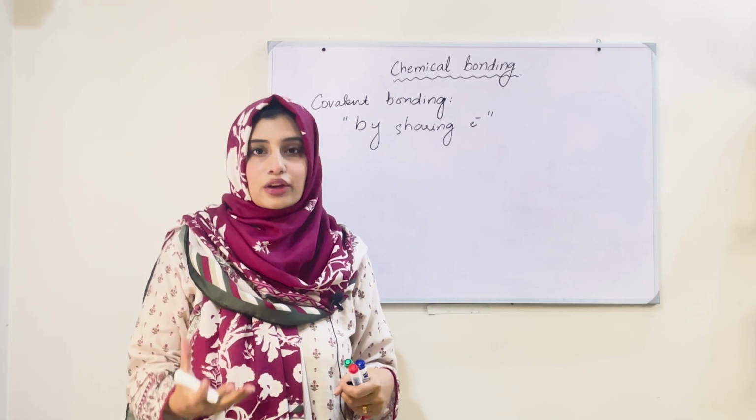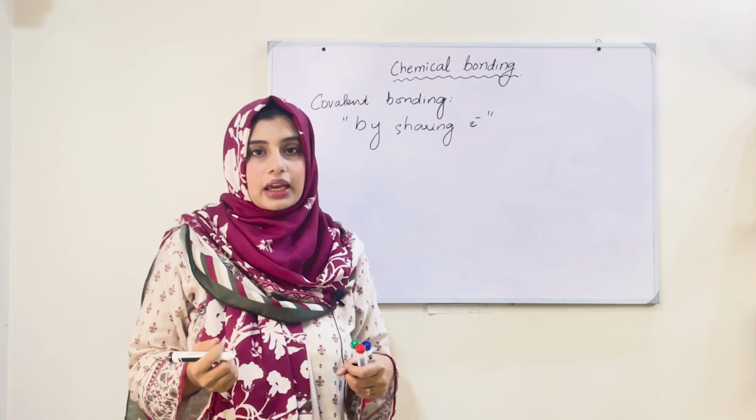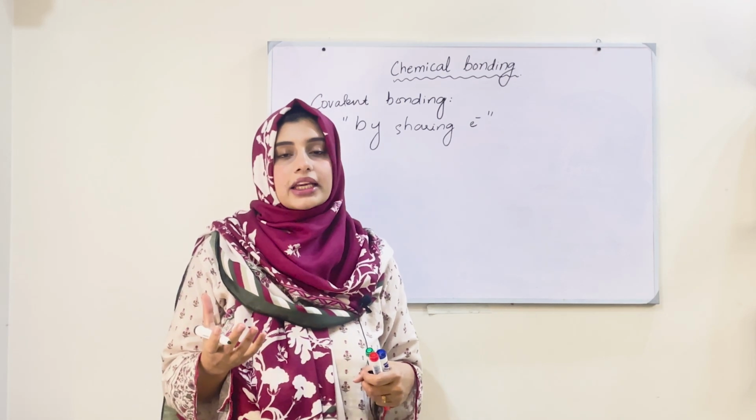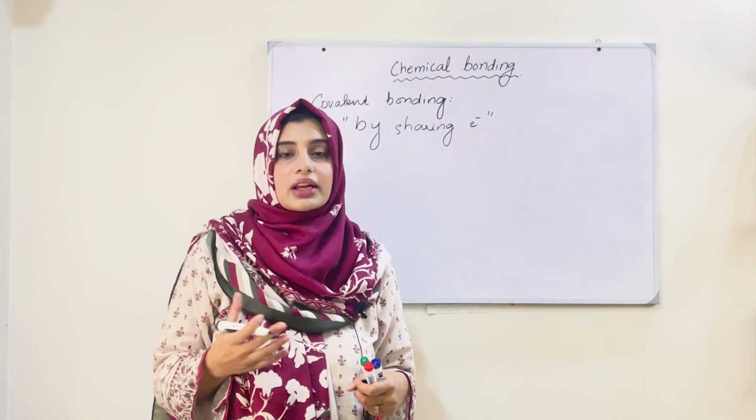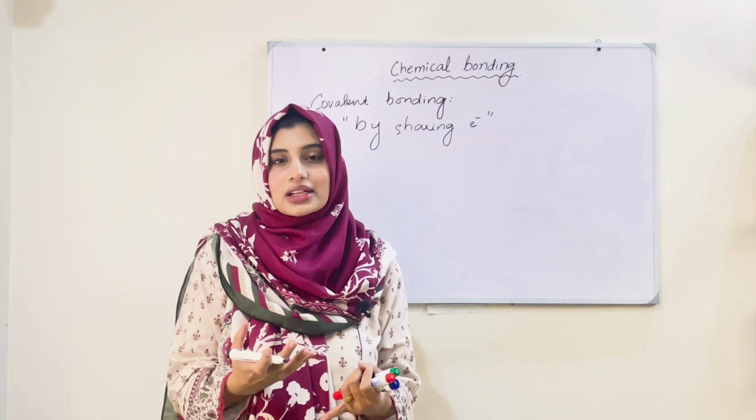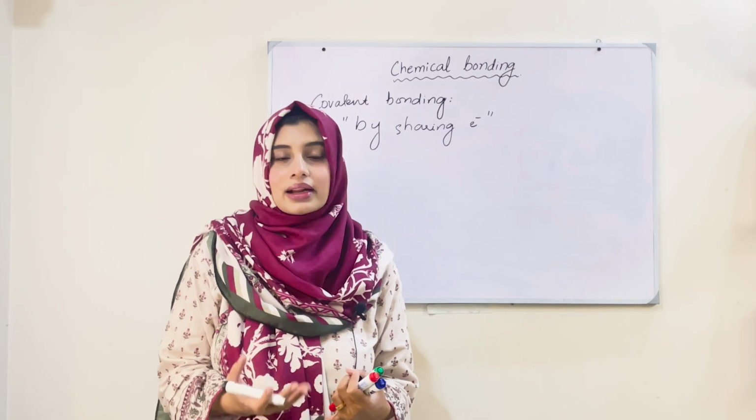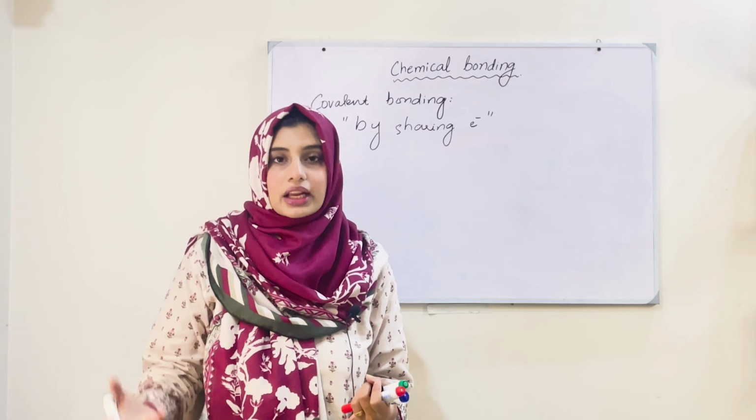Now what does sharing of electrons mean? Sometimes some elements do not donate or accept electrons completely because their shells are half filled, or they do not have the tendency to give electrons.